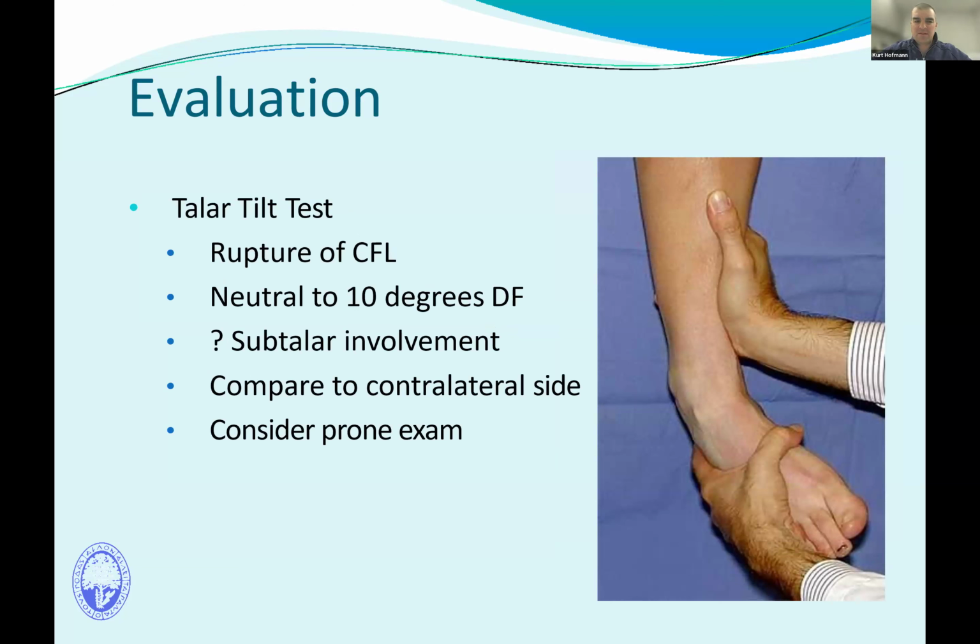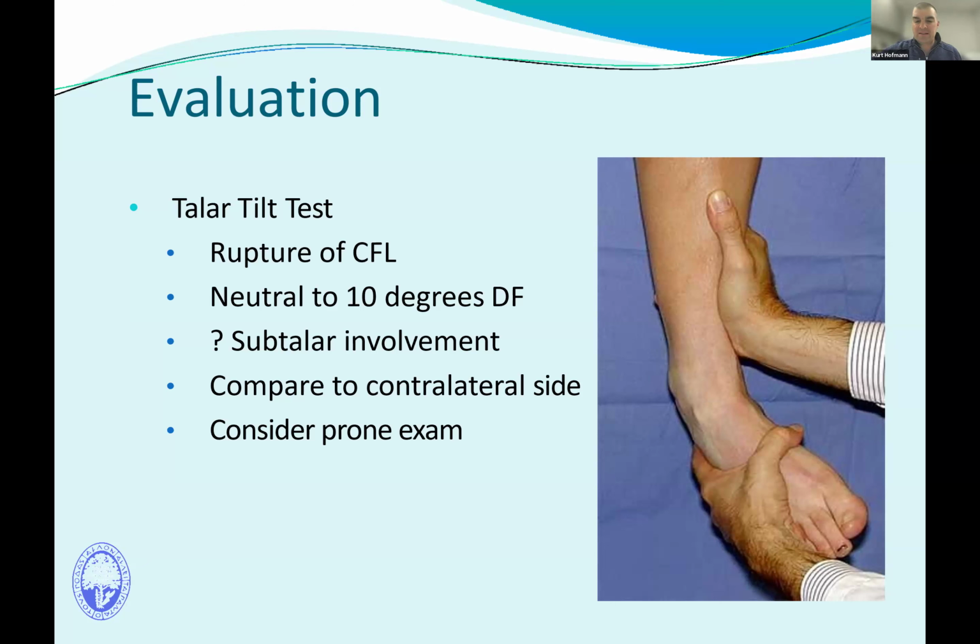The unique part about the CFL is it crosses two joints. It crosses the ankle joint laterally, but also crosses the subtalar joint. The subtalar joint is a joint below the ankle between the talus and the calcaneus, with its own ligamentous structures and stability, which we won't really go into tonight. But again, the unique thing about the CFL is that it crosses both of those joints.